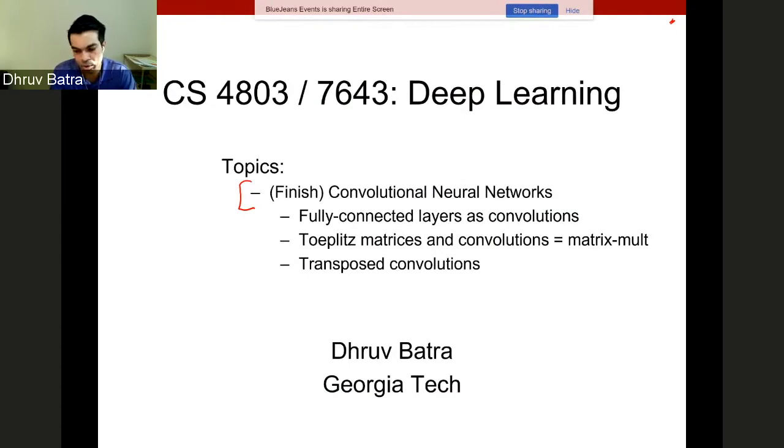The second module was applications to computer vision with convolutional neural networks. And the third module where we'll head to is recurrent neural networks with applications to natural language processing. So that's where we're headed next. And today we're hoping to finish everything that we need from CNNs.